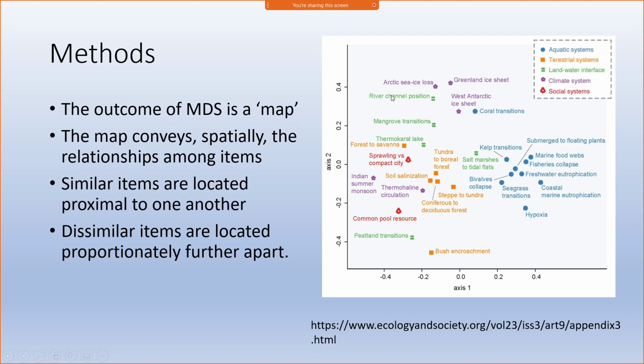Again, this is a map, and the map shows the locations of each of the points. Similar items will be grouped nearer to one another, and different items will be grouped further away.